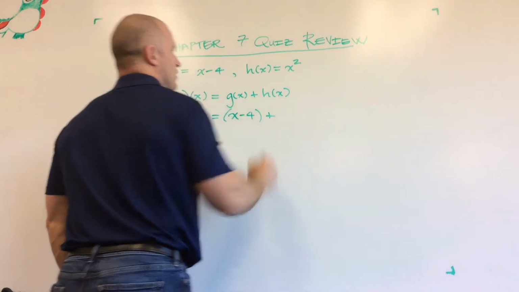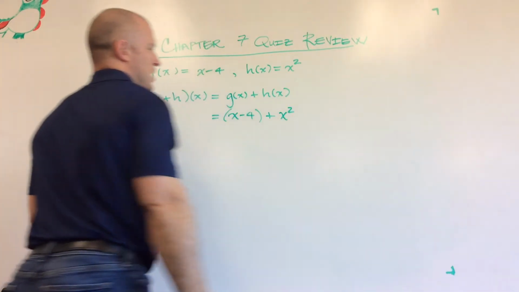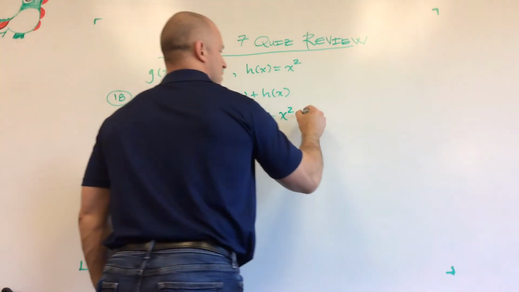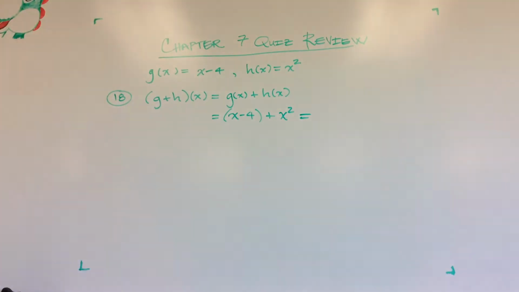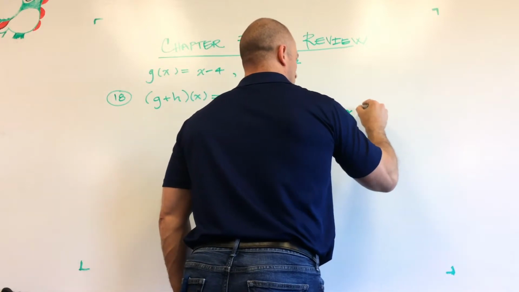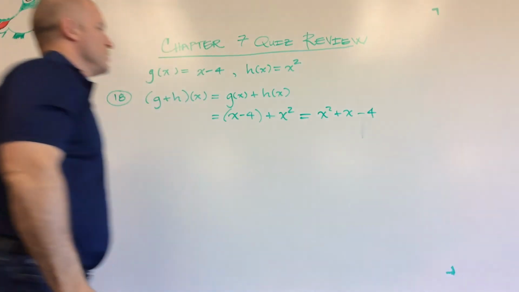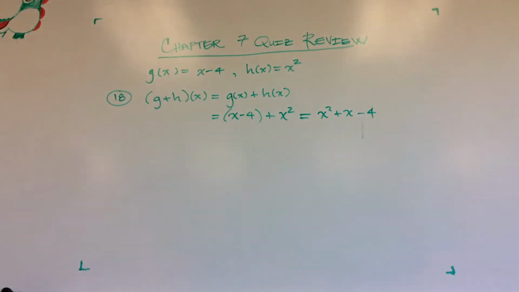We'll add that to h of x, which is just x squared. And then we can simplify. We would write our polynomials from highest power to lowest power in a final form. x squared plus x minus 4 would be our final answer for 18.